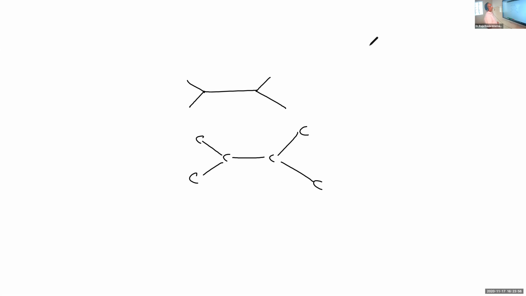Now you complete the structure with the hydrogen atoms. On this carbon, 3 hydrogen atoms. Here also 3 hydrogen atoms, a methyl group. Here there is only 1 hydrogen. Here also 1 hydrogen. And here 3 hydrogen atoms. Here also 3 hydrogen atoms. That is the complete structure of the given bond line structure.